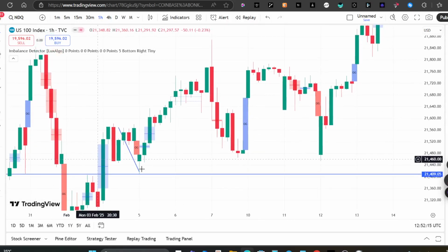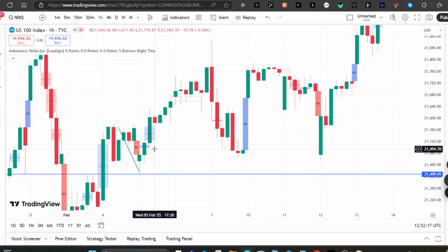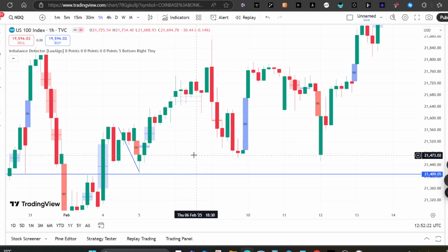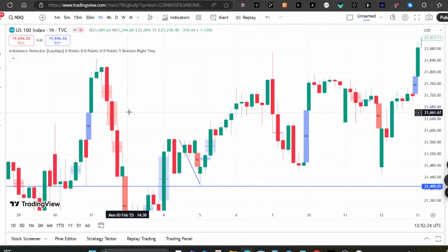Then look at this. You can see another imbalance zone that was identified. In fact, we had a couple of imbalance zones identified here.